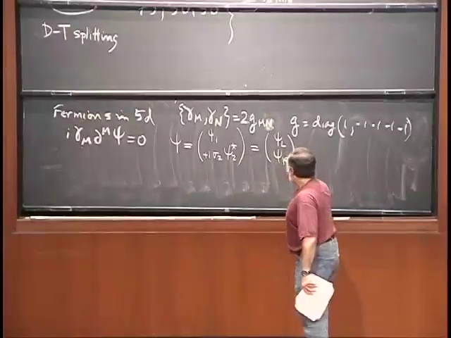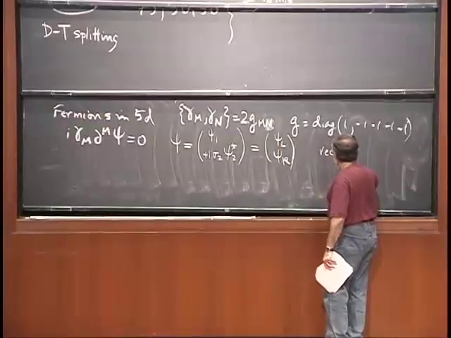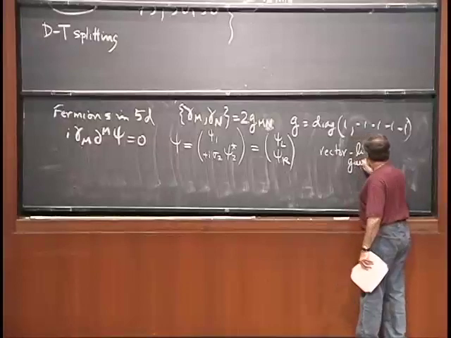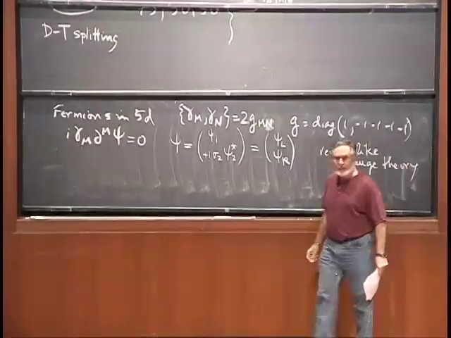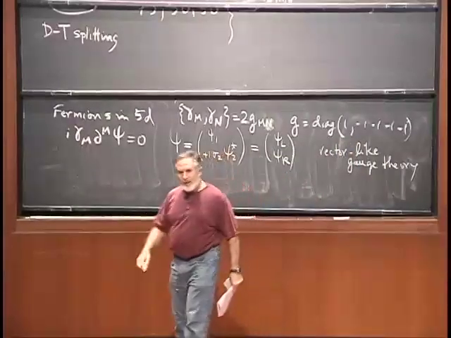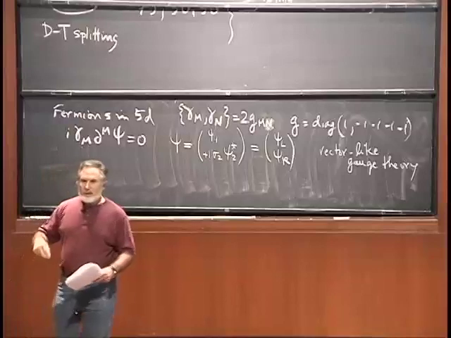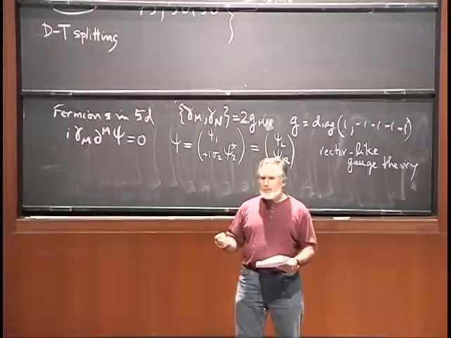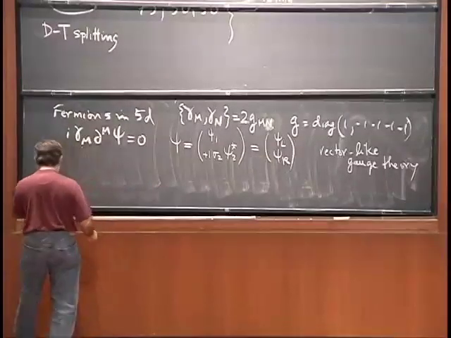So you don't like this fact that you have a vector-like theory because it doesn't fit low-energy data. And so you want to break that vector symmetry and get down to a chiral theory. And the first reason we might want to do orbifolding is because we can use orbifolding to break this chirality of the theory.